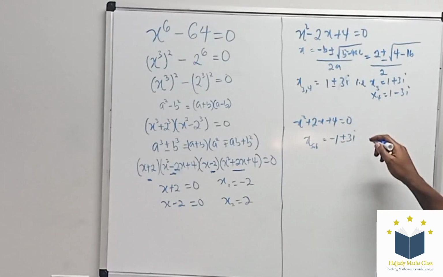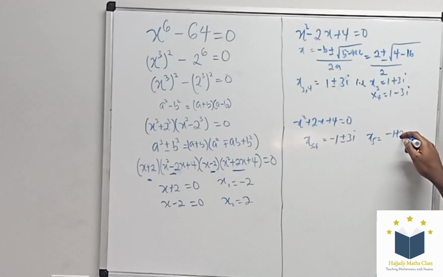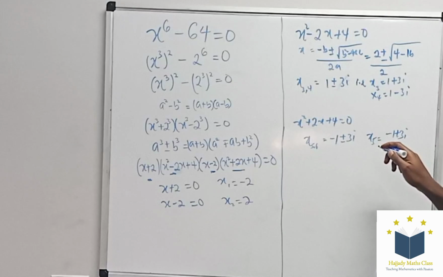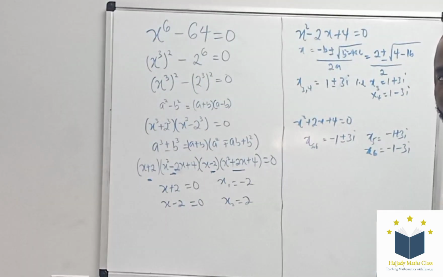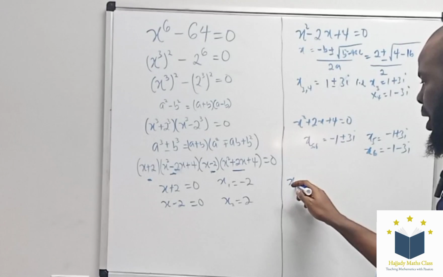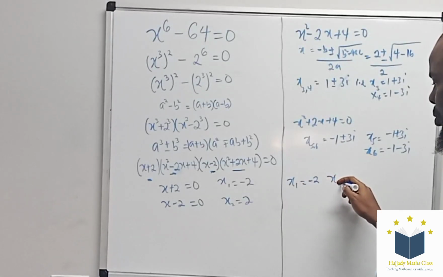That is, my x5 is going to be negative 1 plus 3i, and my x6 is going to be what? Negative 1 minus 3i.